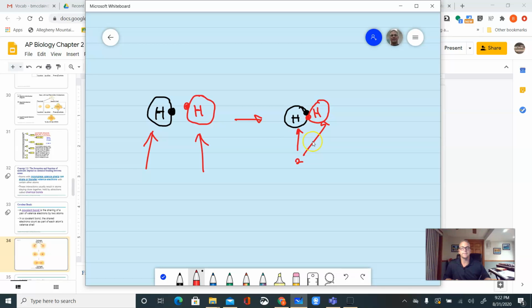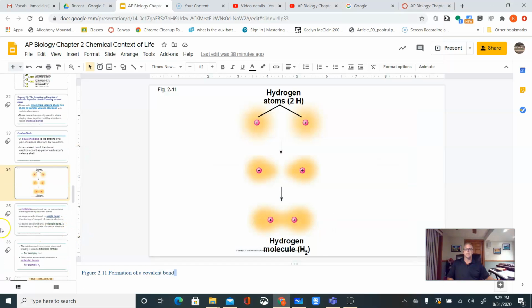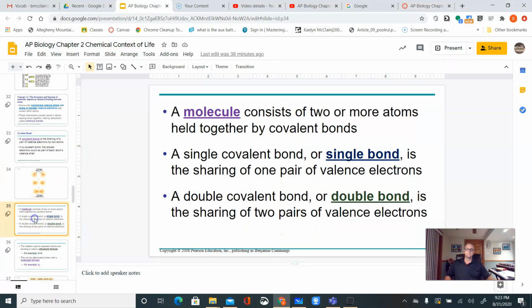So they're sharing. And because these two atoms of the element hydrogen are equally attracted, that's going to give us a certain characteristic that we're going to talk about, which is nonpolar. So that's one way we can go through there.